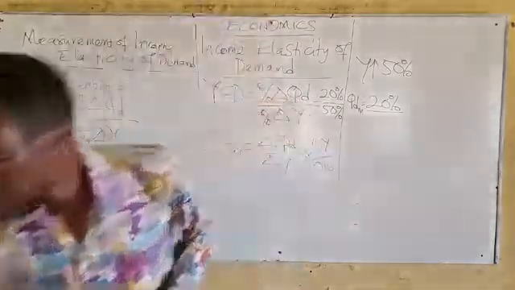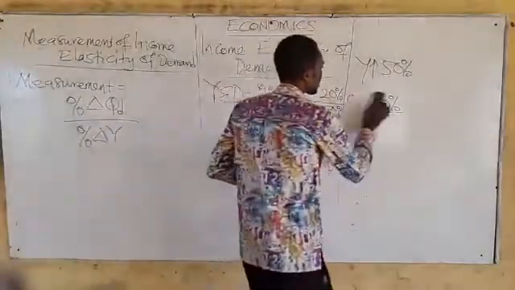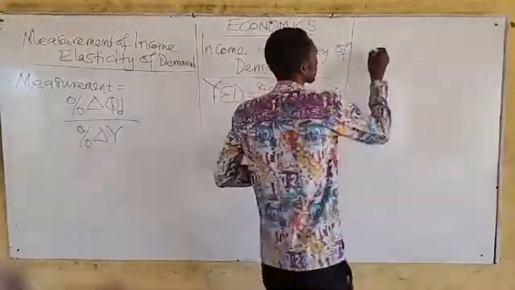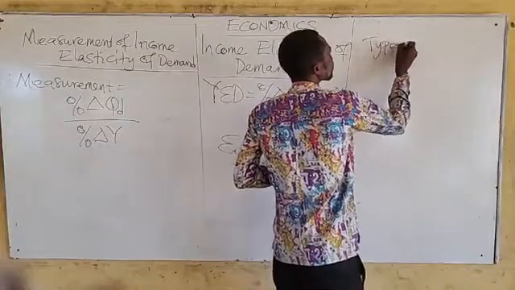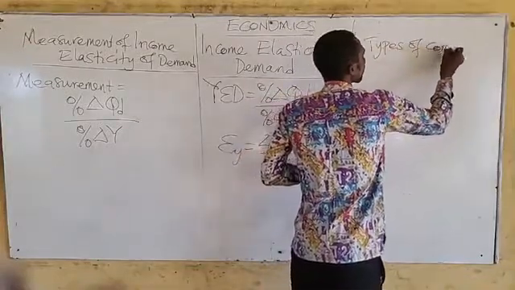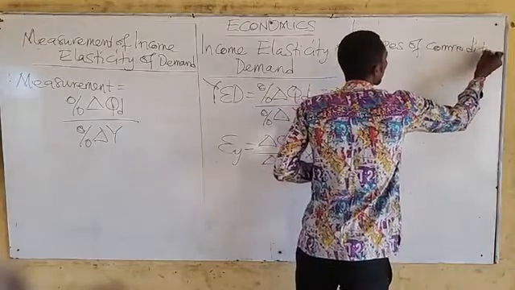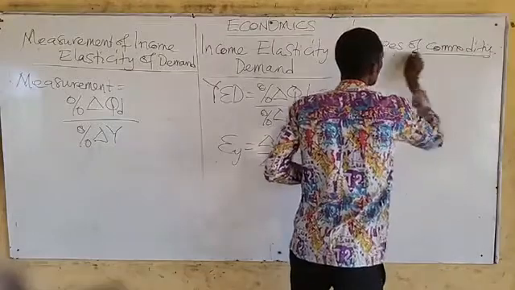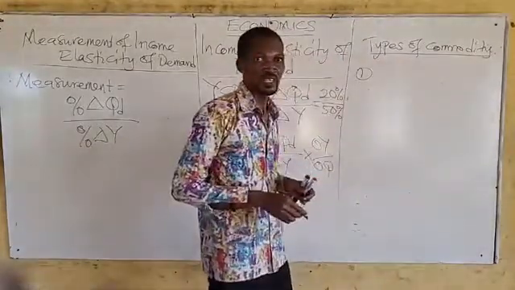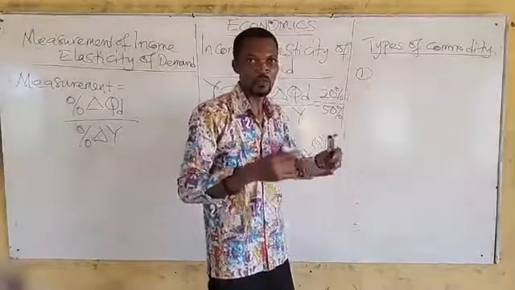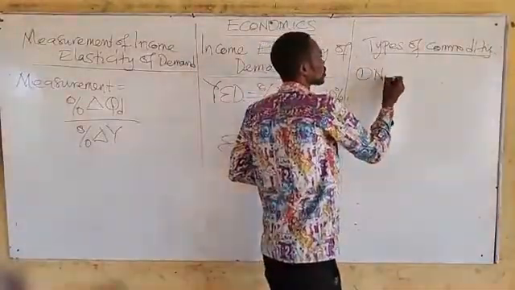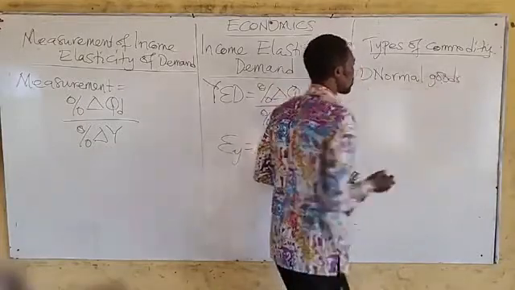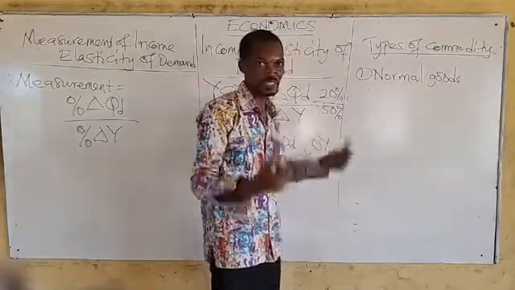So learning income elasticity of demand will tell us the types of commodity. One, income elasticity will reveal a certain type of commodity we call normal goods. I'm going to illustrate that to you.